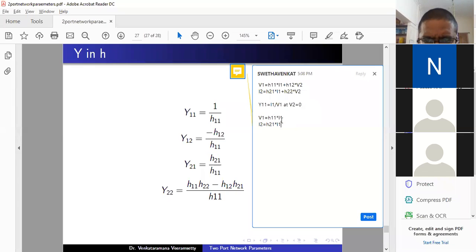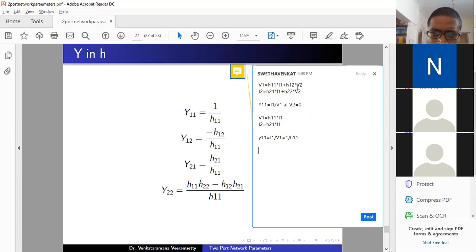Good. Now we require I1 by V1, so we can get it from this equation directly. So Y11 equals I1 divided by H11 into I1, which is 1 by H11. So Y11 equals 1 by H11, right?